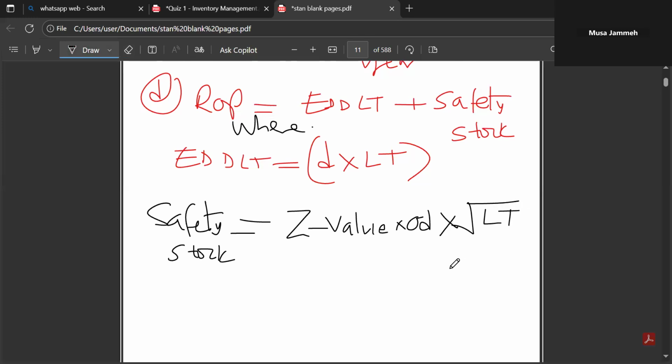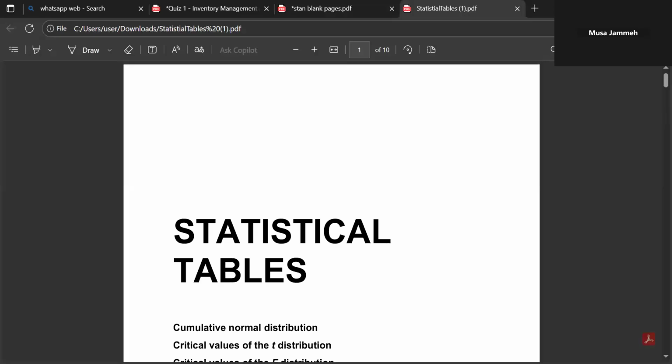So these are the formulas to use as we are calculating the safety stock. I'm sure we are together.